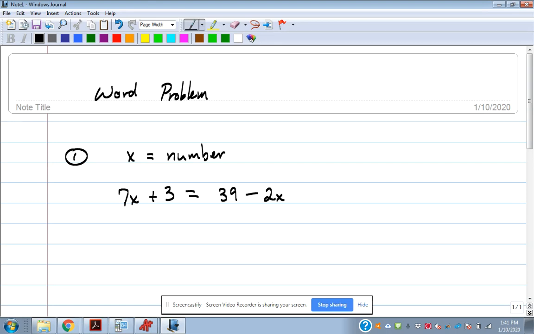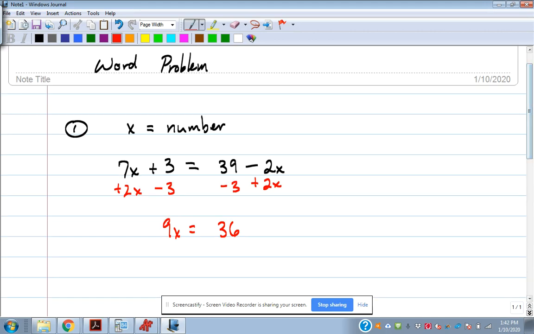So what would we do to solve that? Add the 2x, and then what are we going to do besides that? Yeah, and we'll minus the 3. I'm just going to do that all in one step there. That gives me 9x is equal to 36. And then divide by 9. And the answer is 4.